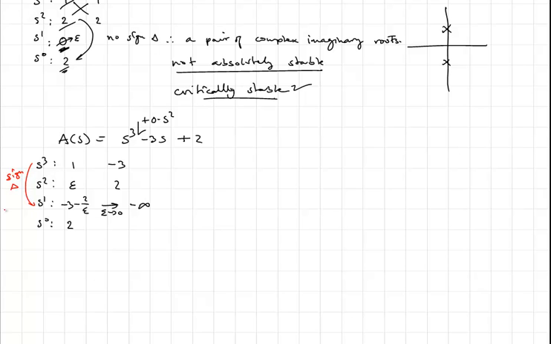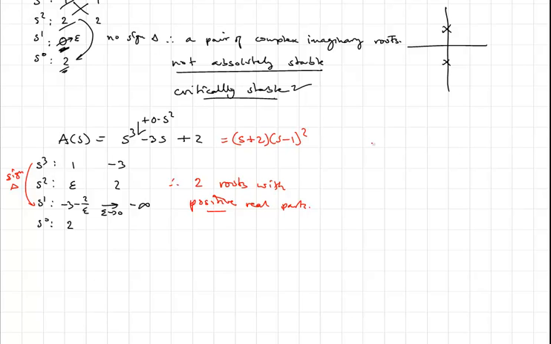And that means that we have, therefore, 2 roots with positive real parts. And in fact, in this case, if we factor this out, we find that this is equal to s plus 2 times s minus 1 squared.